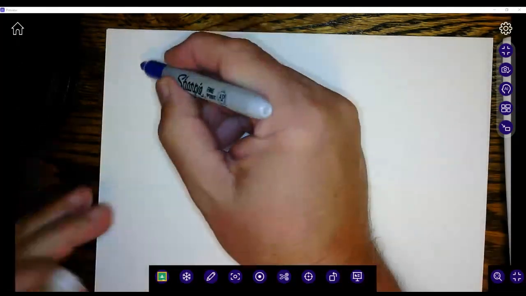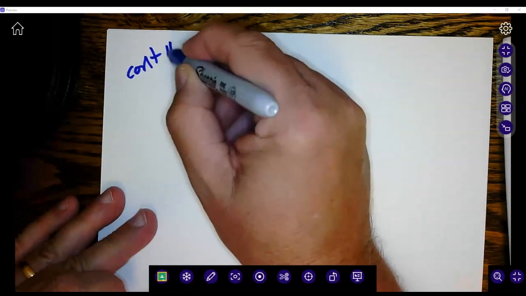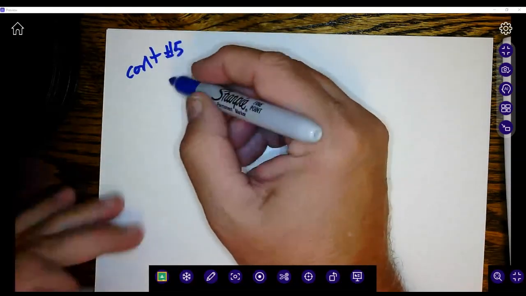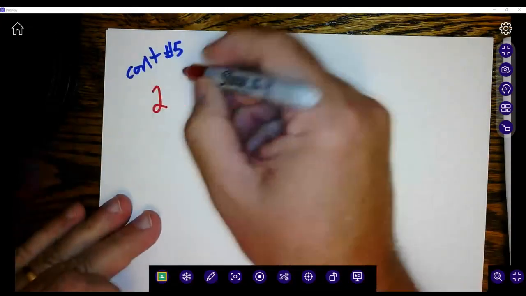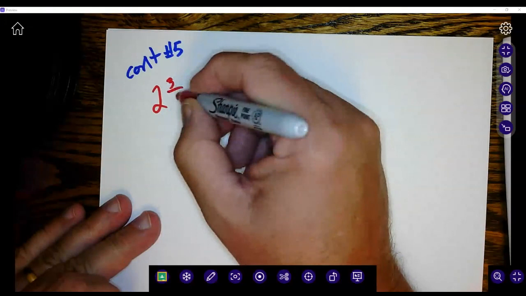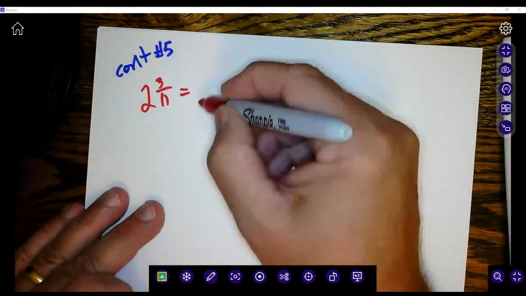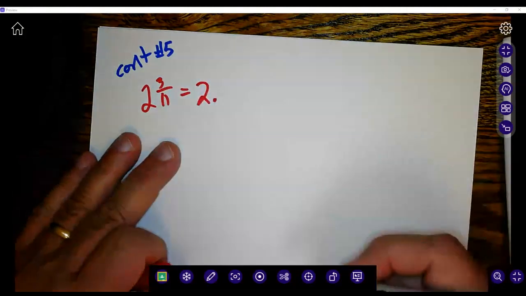Okay, one with mixed numbers, all right. And so this is continuing number 5. So if I have, for example, 2 and 3/11ths, then I know that my decimal number is going to be 2 point.